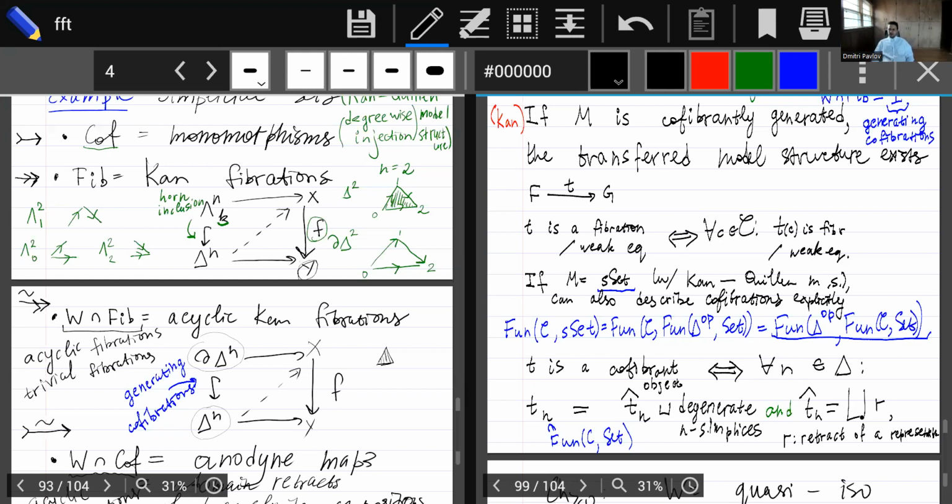I would say the thing to remember here is that you can expect or should look for a transfer model structure if your model category is specified using some algebraic operations and algebraic identities between them.